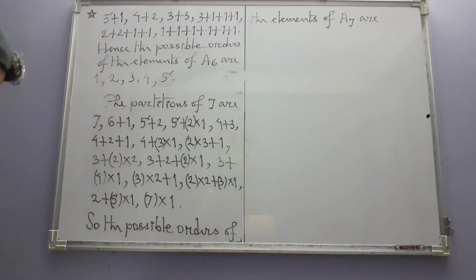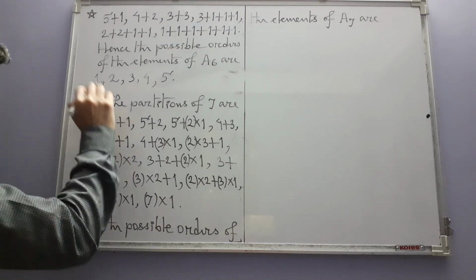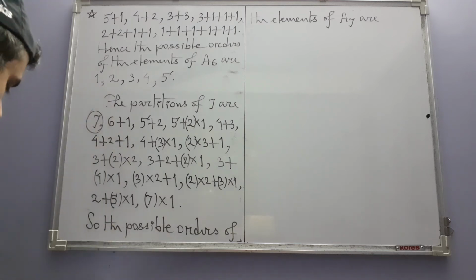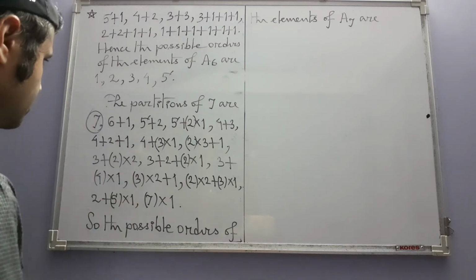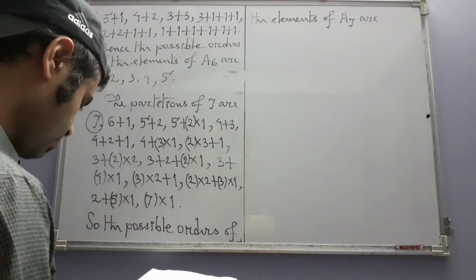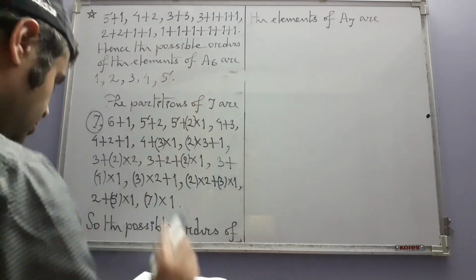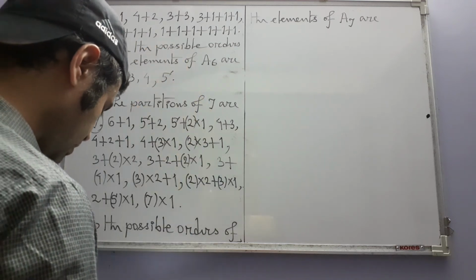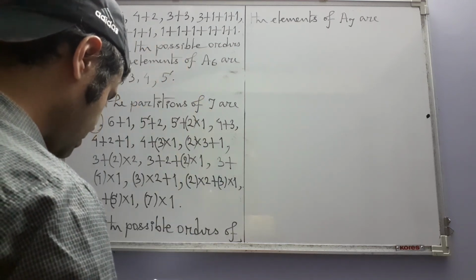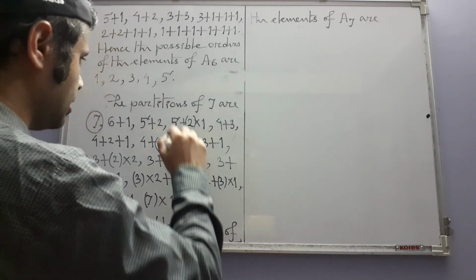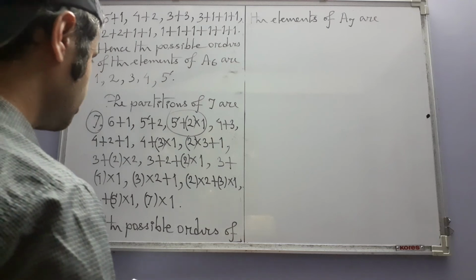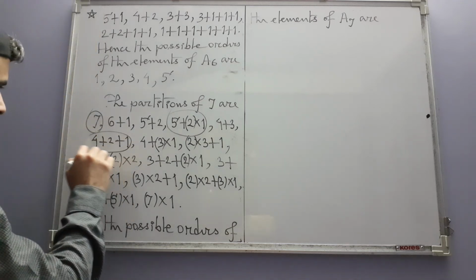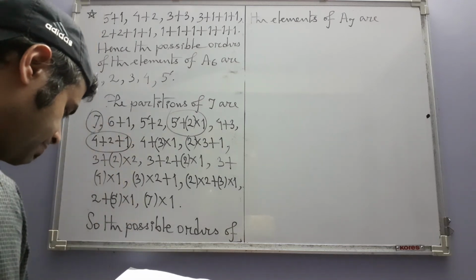Okay, so let us now quickly recognize the even ones. The even ones are these. The 7 is an odd permutation, and you can verify like how we verified before, which ones correspond to the even permutations. So then 5 plus 2 times 1, this one is even. Then 4 2 1, this one is even.